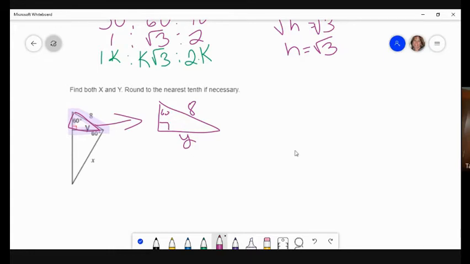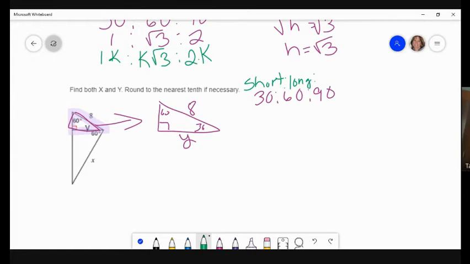Since it's 60 degrees, that tells me that this one is automatically going to be 30 because 180 minus 90 minus 60 is 30. And that tells me we're using those ratios, so 30, 60, 90. And again, keep in mind, 30 is always opposite the short side. 60 is always opposite the long side.